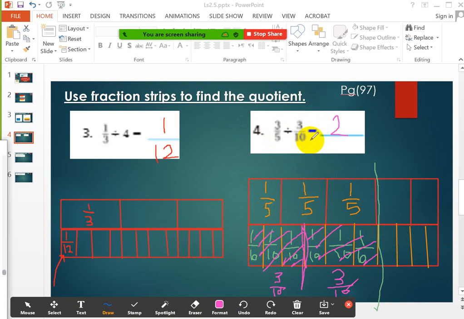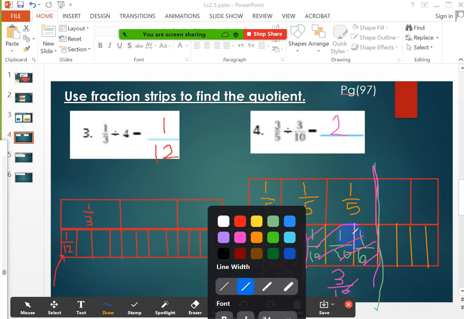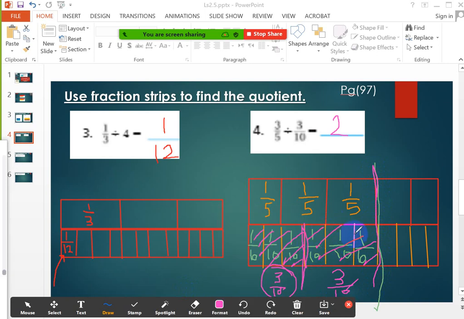Now, I want to know how many groups of 3 over 10 until 3 over 5, until this line. Okay. 1 over 10, 1 over 10, 1 over 10 makes 3 over 10. This is the first group. Also, 1 over 10, 1 over 10, 1 over 10. This is the second group of 3 over 10.